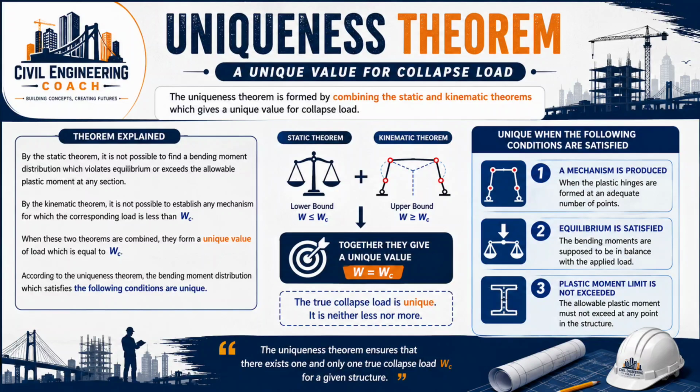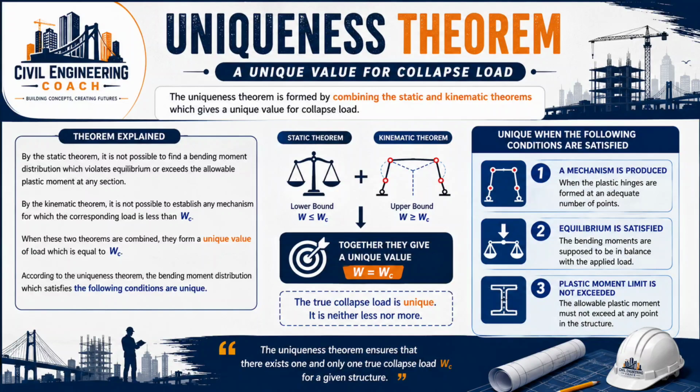According to this uniqueness theorem, by the static theorem, it is not possible to find a bending moment distribution which violates equilibrium or exceeds the allowable plastic moment at any section. By the kinematic theorem, it is not possible to establish any mechanism for which the corresponding load is lesser than the collapse load.